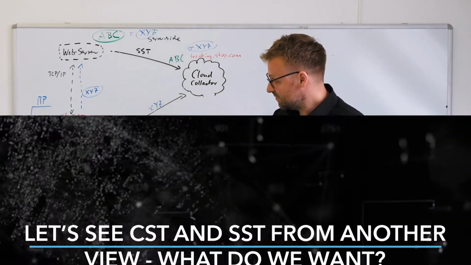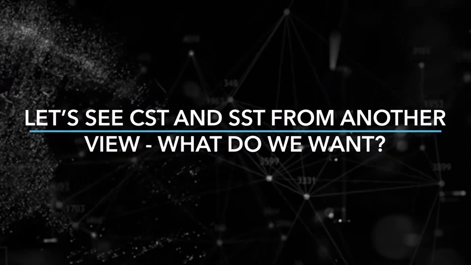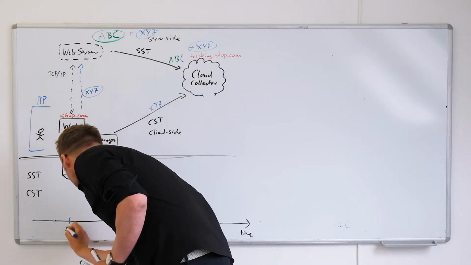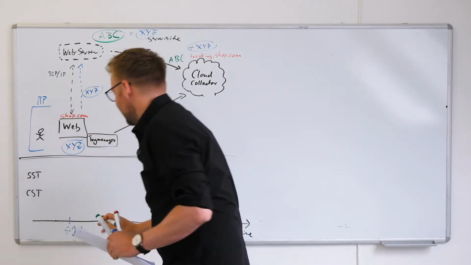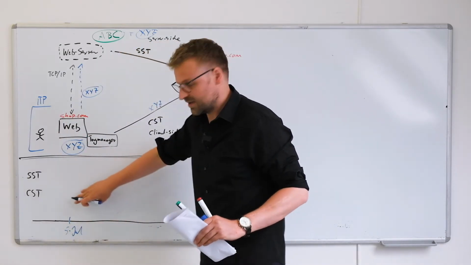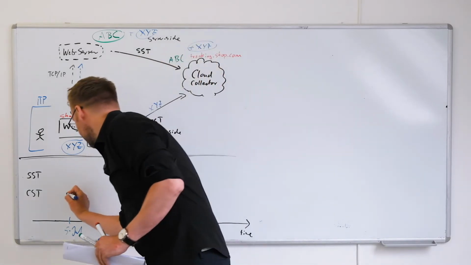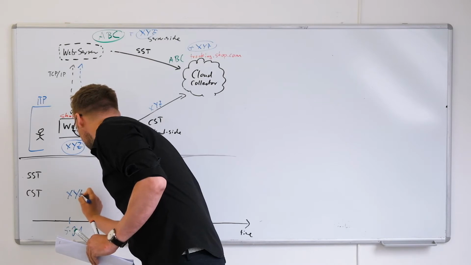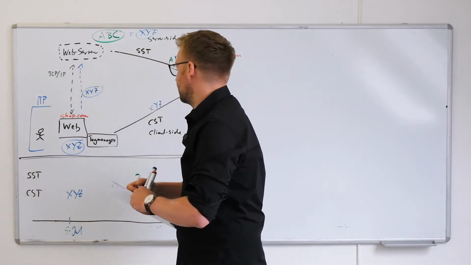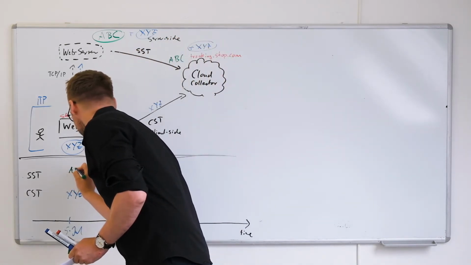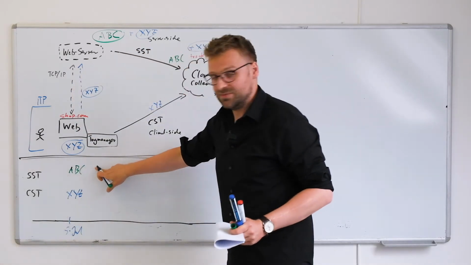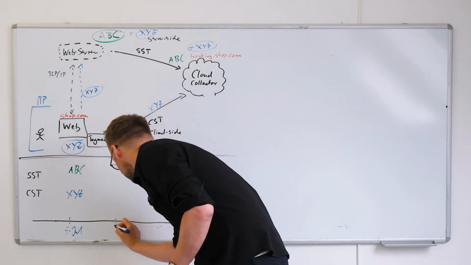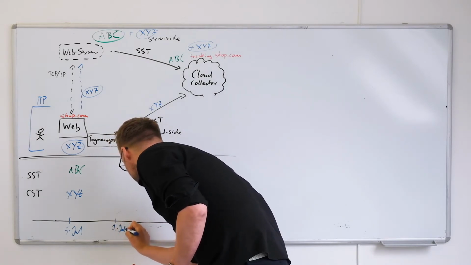So to put it more from this perspective, what do we want? Let's say we're here on the 5th of July, and the customer comes to the site, so we have events in the client-side tracking with the user ID XYZ, and in the server-side tracking with the user ID ABC. Let's say the customer comes back on the 7th of July.